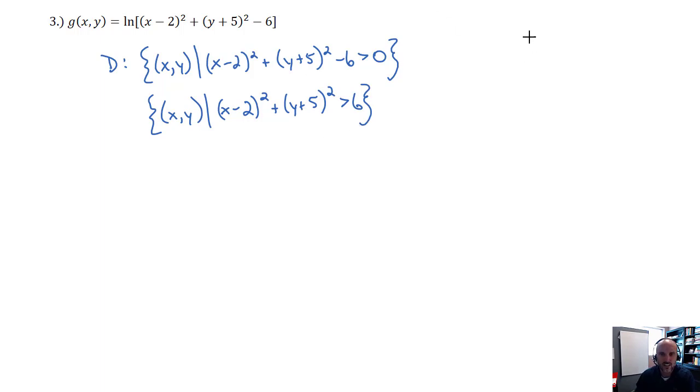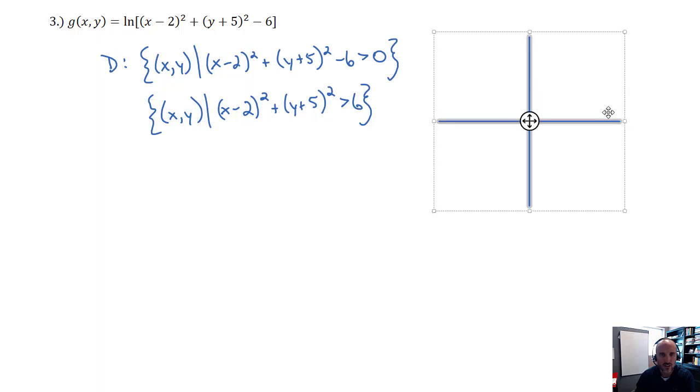So in this case, if we visualize what's going on, centered at 2, -5, that's our center, and the radius is the square root of 6, so that's like 2 point something. So let's say it's like right here. So our circle looks like this. Okay, and we want all of the points that have a value greater than 6.